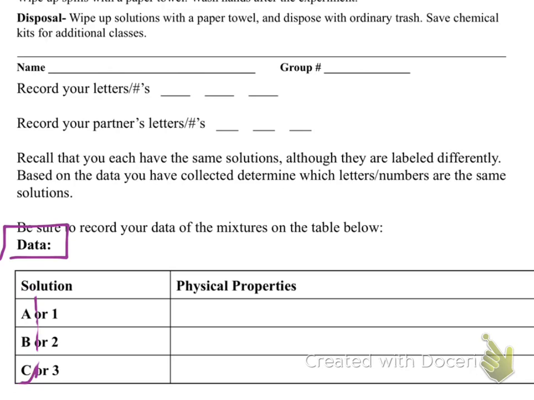Or are you numbers? Then you can circle the numbers. You're going to list the physical properties, just like we did in the previous lab. So, for example, you had baking soda, which was a white solid. It was a little grainy, not quite as fluffy as the others. Or you had the vinegar, which is a clear liquid that has an odor.